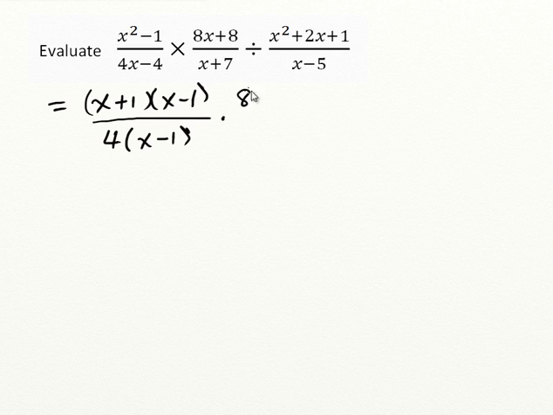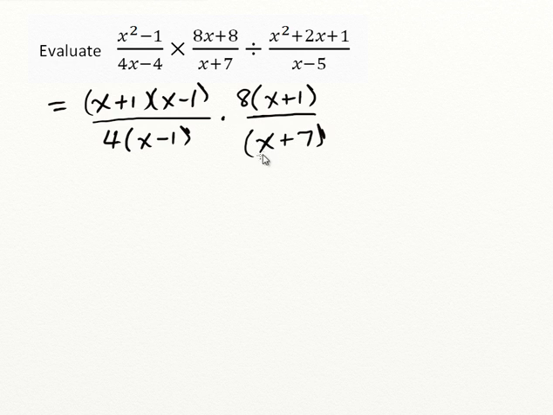I think I can take out a common factor of 8 and be left with x plus 1. Down in the bottom, x plus 7 is all by itself.